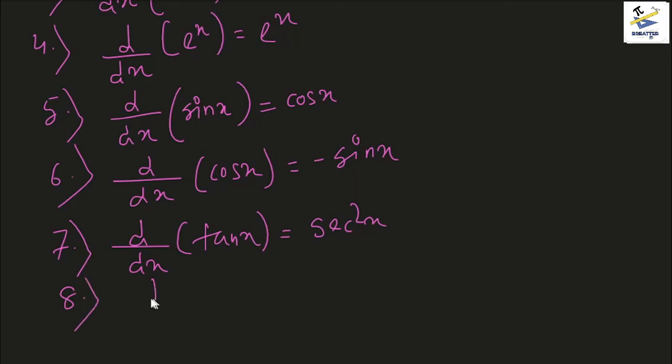Number 8. d dx of cot x would be equal to minus cosec square x.